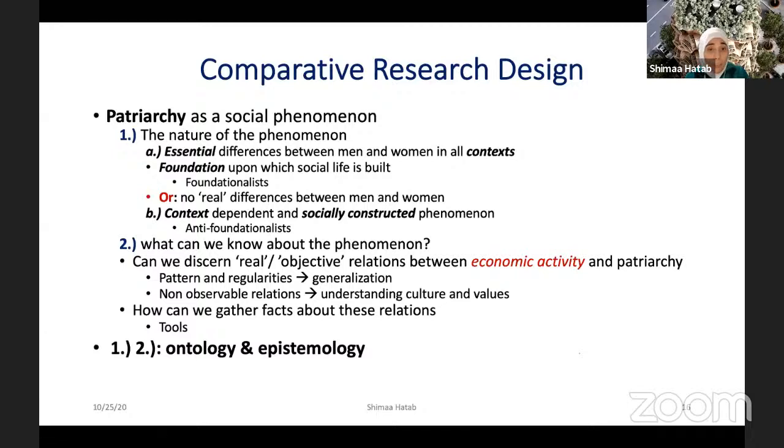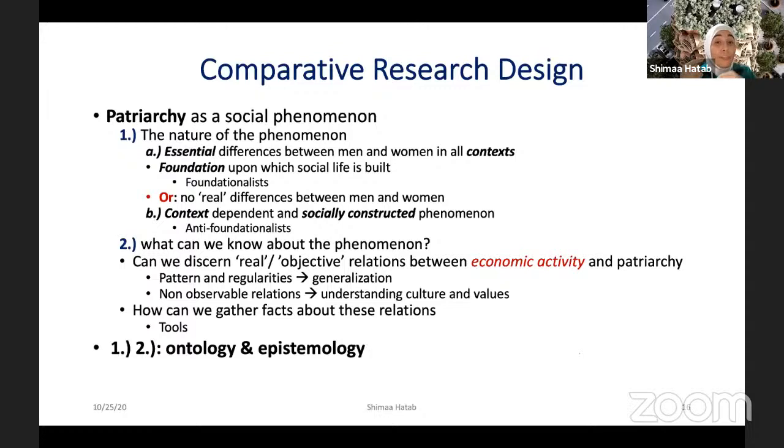So you can come up with measurable or quantifiable indicators that capture these variables, and then, with quantitative methods, you can run a statistical test or regression analysis to examine whether there is a correlation between economic activities and patriarchy, and then make a causal statement about patriarchy and economic activities.